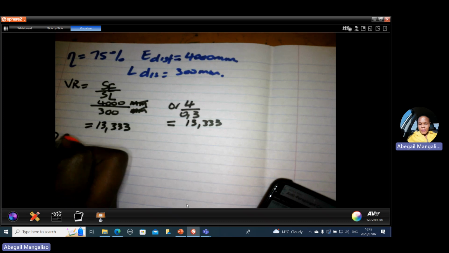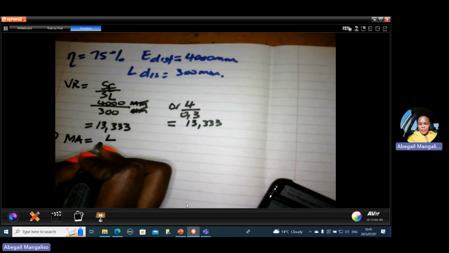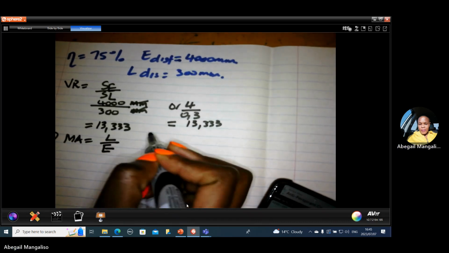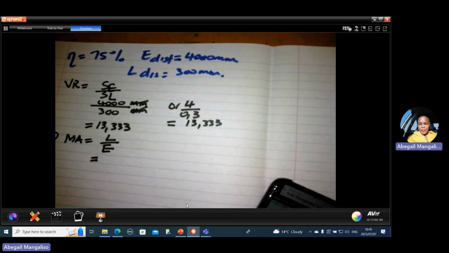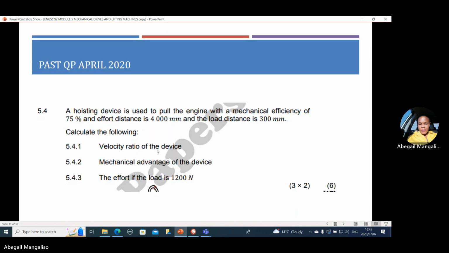So number 2, MA is equal to L over E. The formula of mechanical advantage is load over effort, but you are given efficiency.